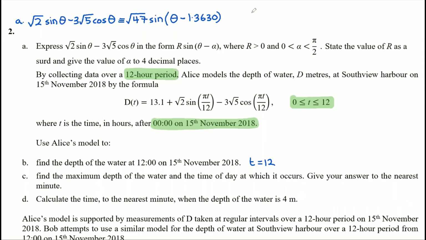So we've got the root 2 sine part, that checks out here. We've got the -3 root 5 cosine part, that also checks out. So the only difference between the model and what we had in part A on the left-hand side is the 13.1, which is added to it. I'll highlight that in purple as a key difference.